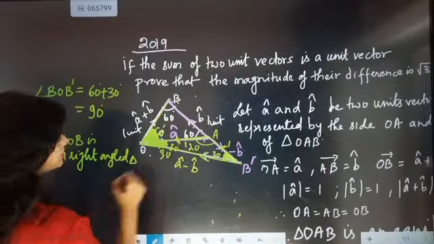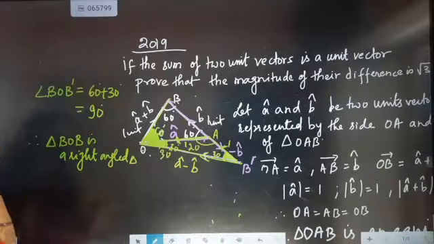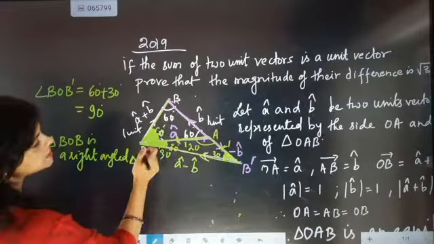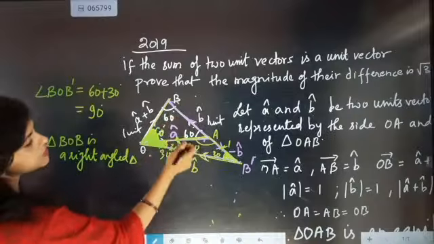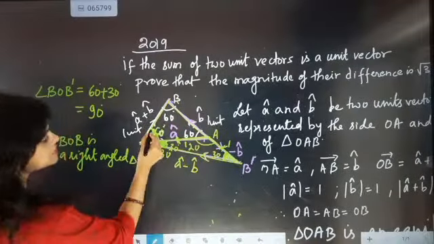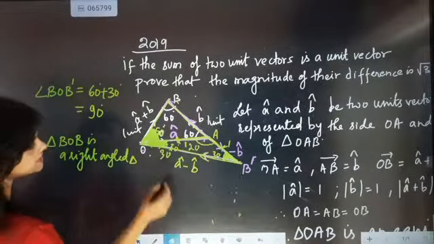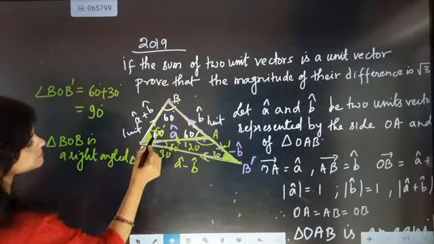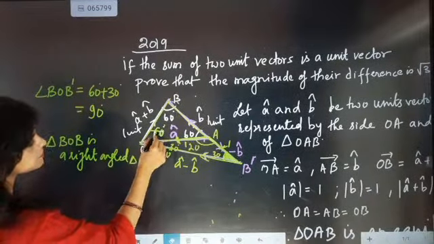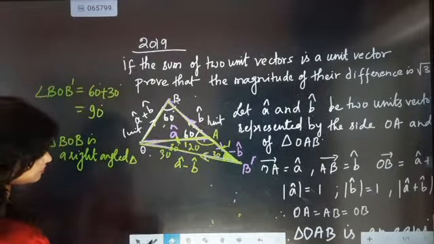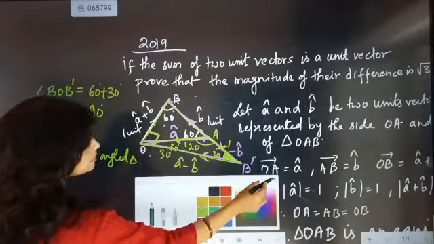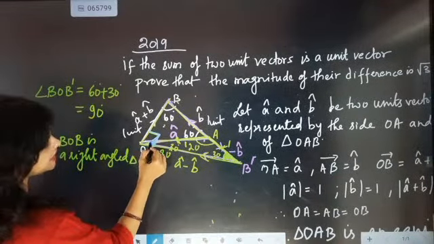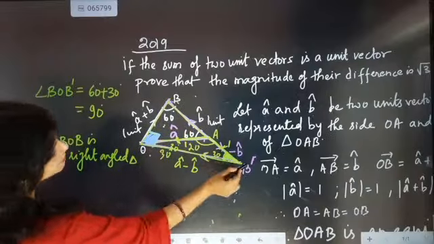This part is exactly a unit part. Since this angle is 90 degrees, this will become the hypotenuse.